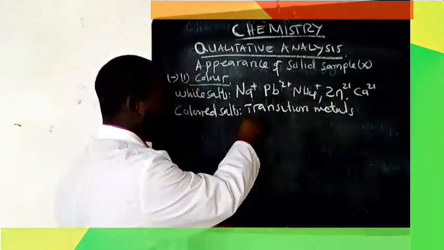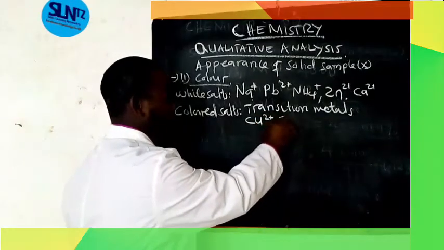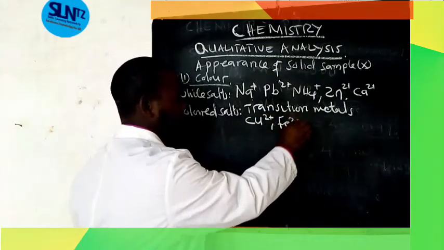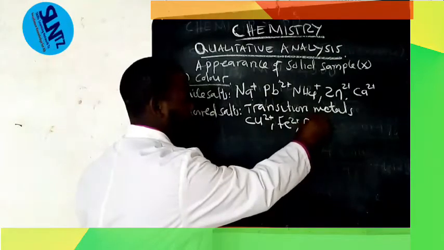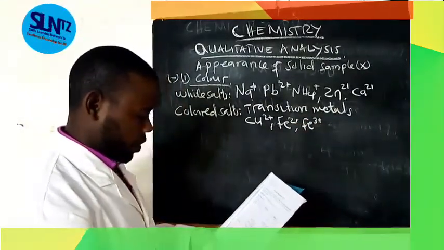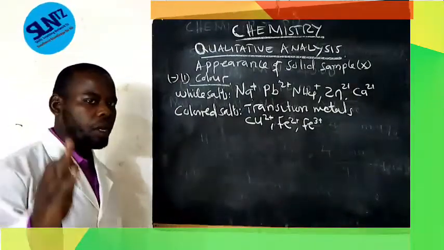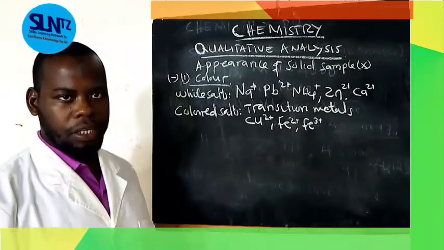Let's say there is copper, there is iron 2, there is iron 3, and I think that is only inside of O level class.